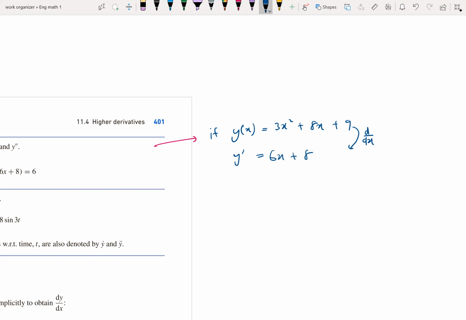And then if you want to find the y double prime or second derivative, you just differentiate this y prime. So it becomes 6 only.